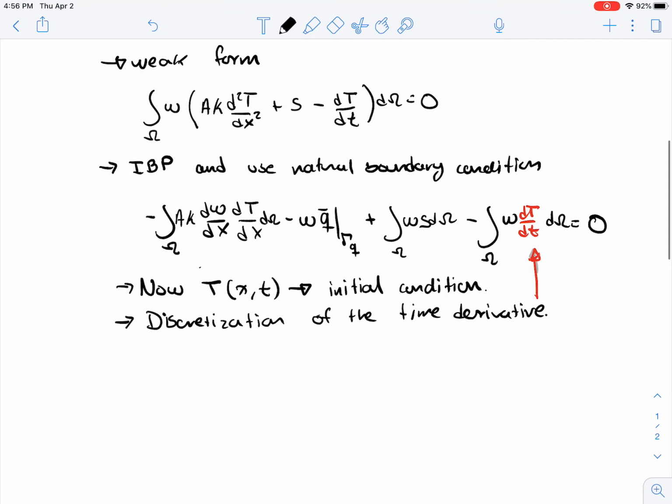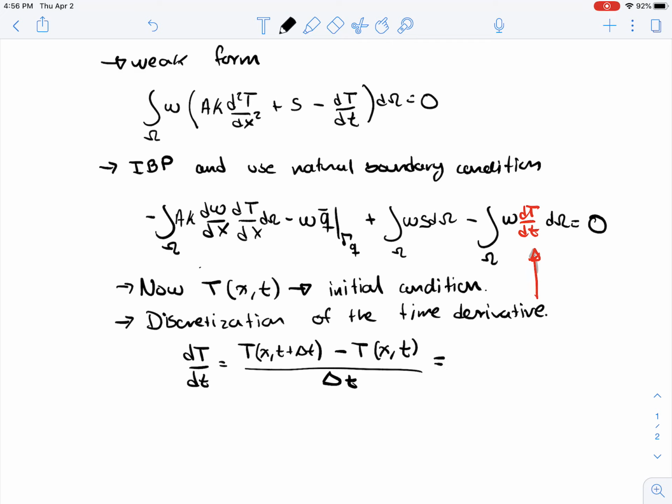I don't know if you have done this before, but the simplest way would be the temperature at the next time step, so at time t plus delta t, minus the temperature at some time t, over some time step.